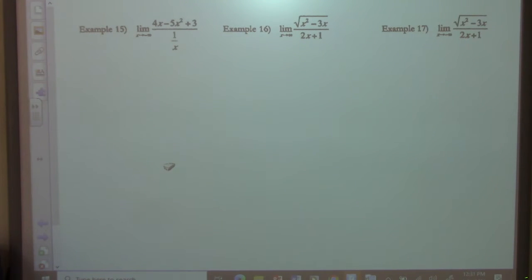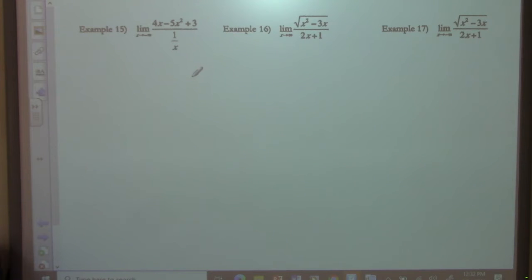Okay. Now this 15 looks like x approaches negative infinity, doesn't it? So what is this going to be as x approaches negative infinity? Does not exist? Let's see, because this is a weird kind of thing. Divided by that.